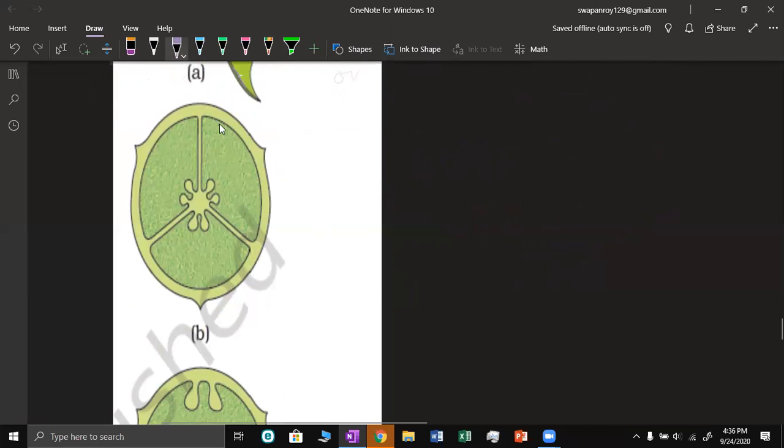Next one. This is a cross section of the ovary, a diagrammatic representation. Here you can see that the ovary is several chambered. Here it is three chambered, and when you cut a lady's finger, you get about five chambers.